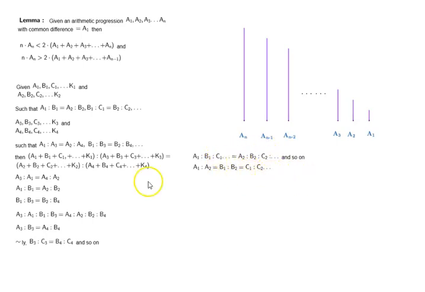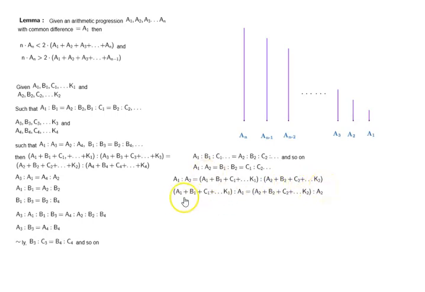and so on. Now a1 is to a2 is equal to the sum of the antecedents is to the sum of the consequents. So we end up with a1 is to a2 is equal to a1 plus b1 plus c1 ... k1 is to a2 plus b2 plus c2 ... k2.